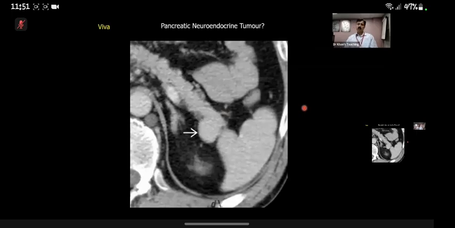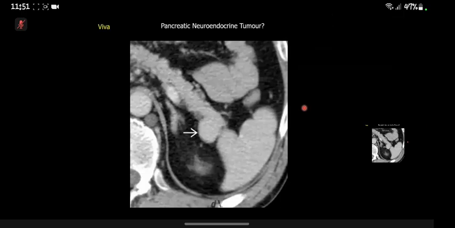Okay, candidate 7. So this is one of the magnified spot images from a contrast-enhanced CT scan, axial slices.